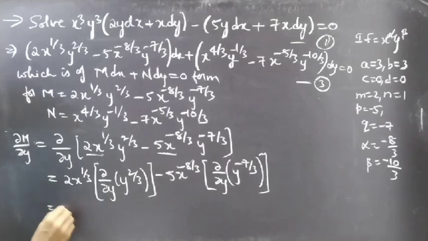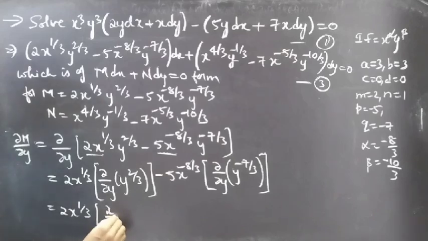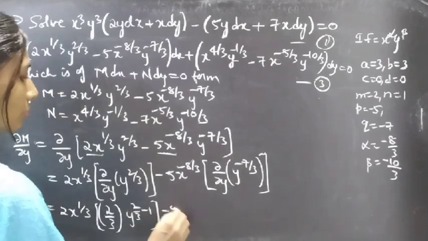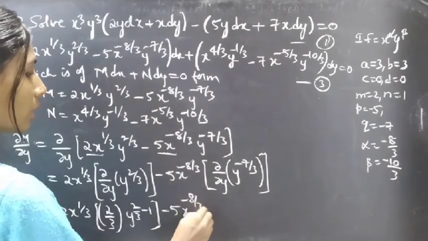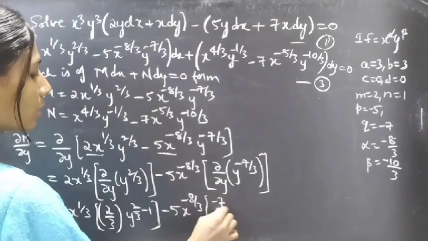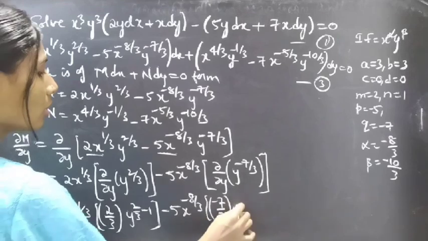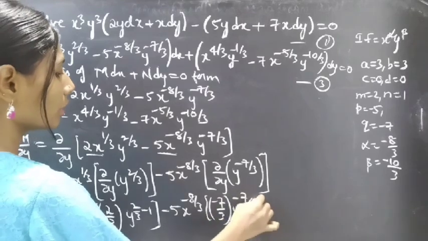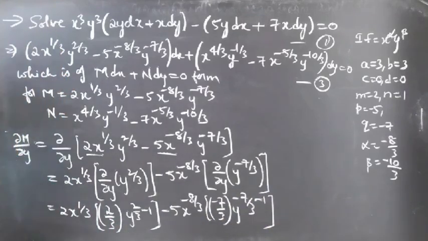This gives us 2x power 1 by 3 into partial derivative of y power 2 by 3 with respect to y, which is 2 by 3 into y power 2 by 3 minus 1, minus 5x power minus 8 by 3 into partial derivative of minus 7 by 3 into y power minus 7 by 3 minus 1.